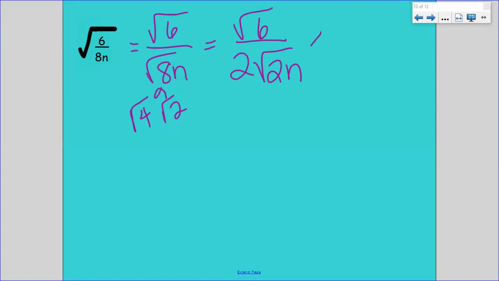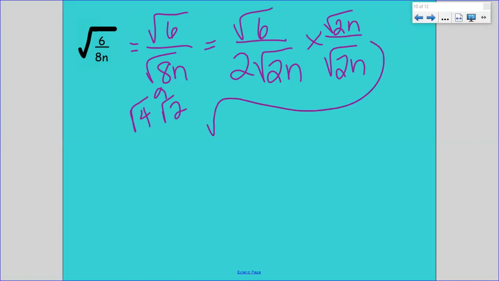There's still a radical in the denominator, so I have to get rid of that. So I'm going to multiply by only the radical, guys, not everything, just the radical. So the square root of 2n over the square root of 2n. I'm multiplying the top and the bottom by that, okay? When I do that, I'm going to bring this down here to help organize.